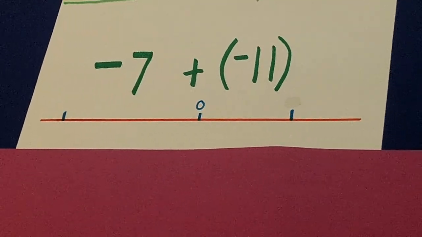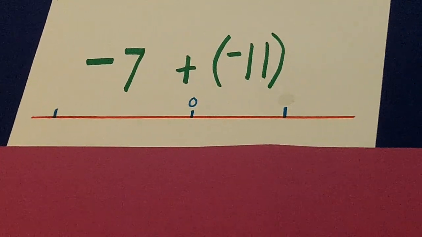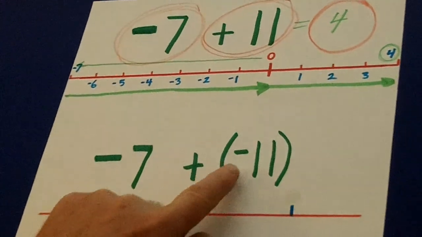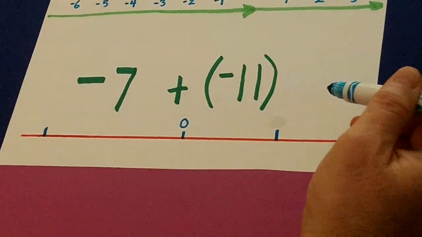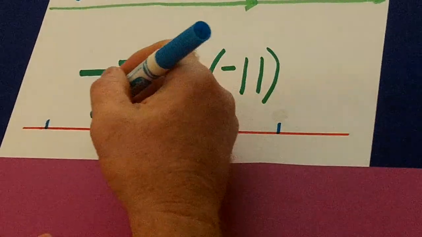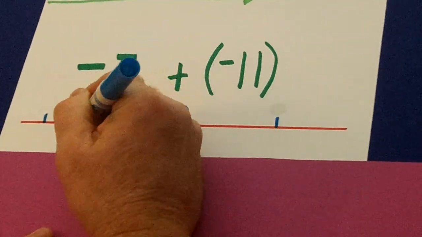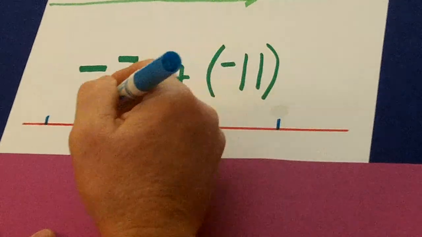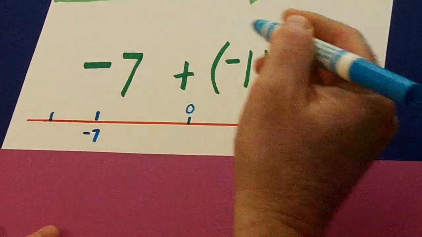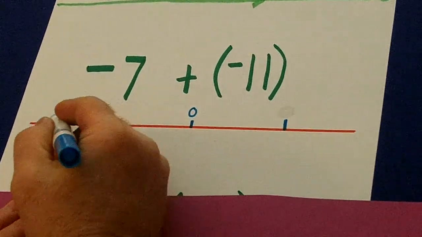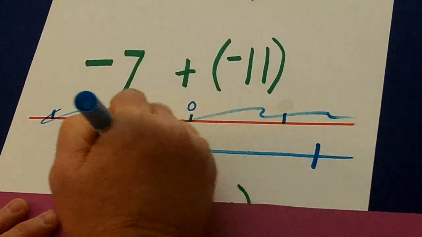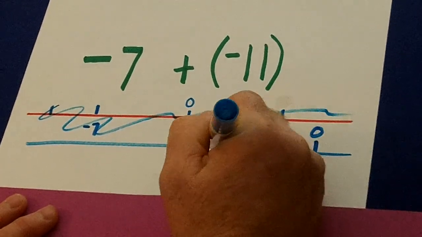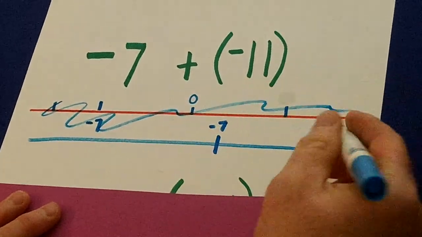Let's see. We have -7 plus a -11. So here's 0, and here's -7.